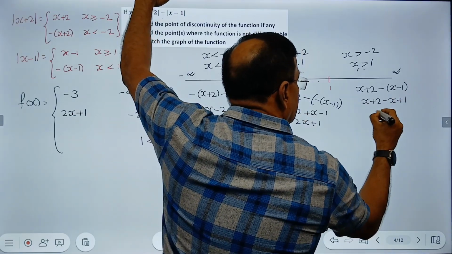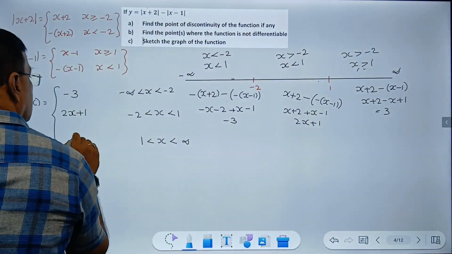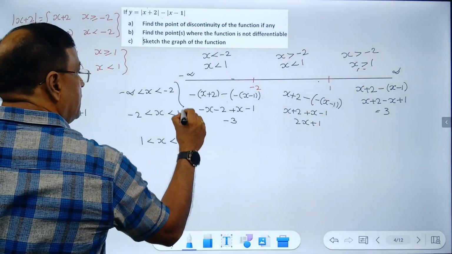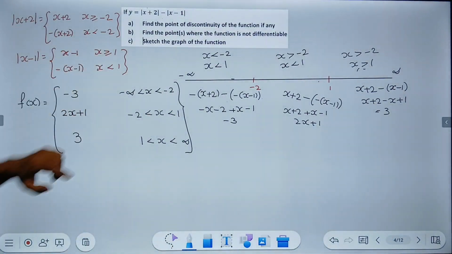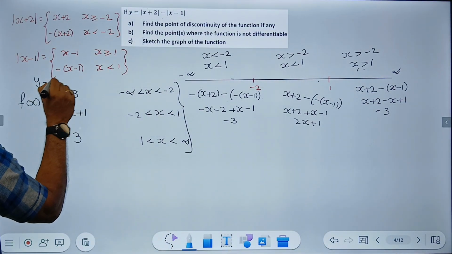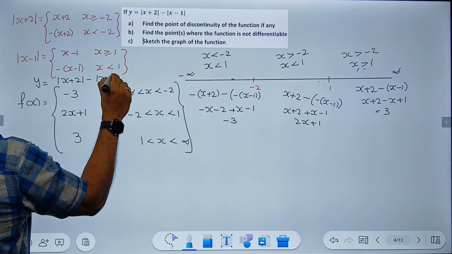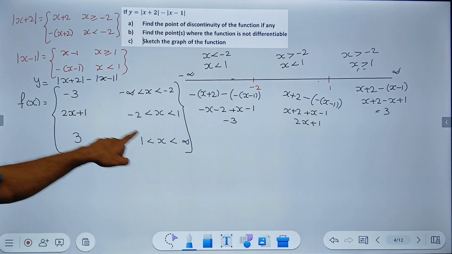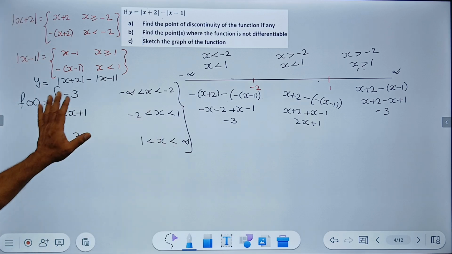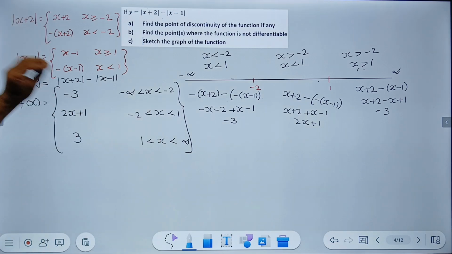So you get 3. So I have redefined my function. My function y equal to modulus of x plus 2 minus modulus of x minus 1 is redefined like this. I hope there is no confusion. This is the first step.